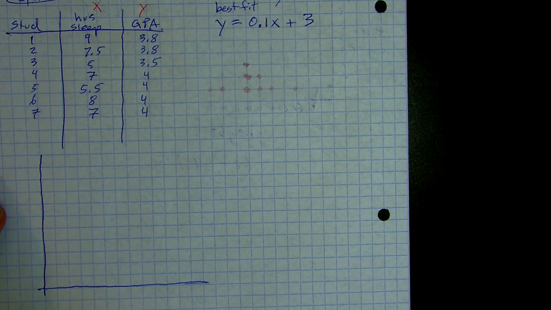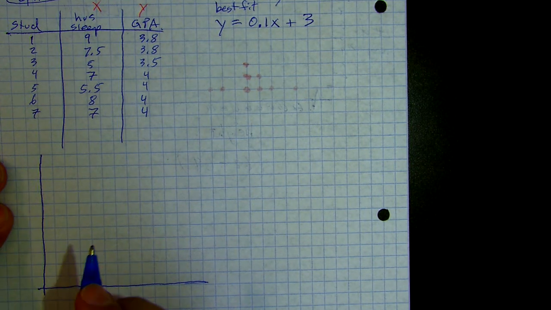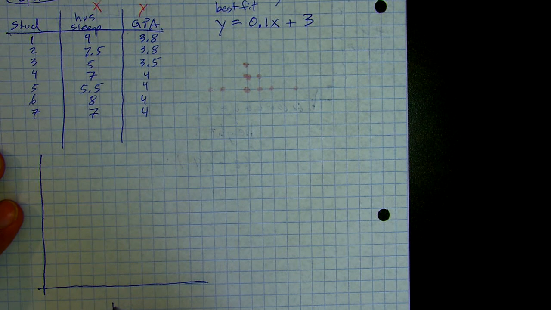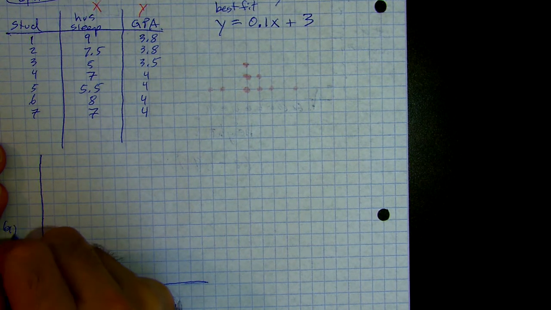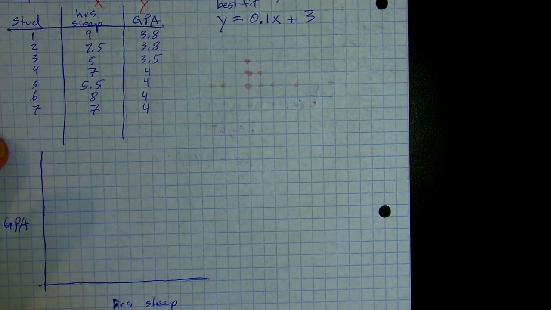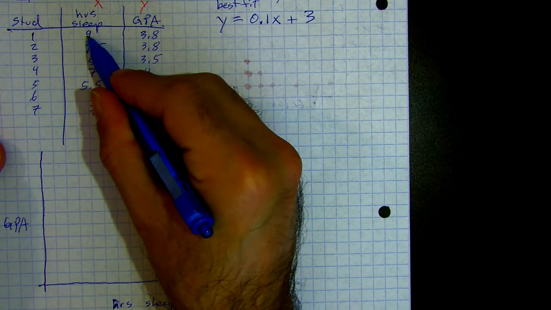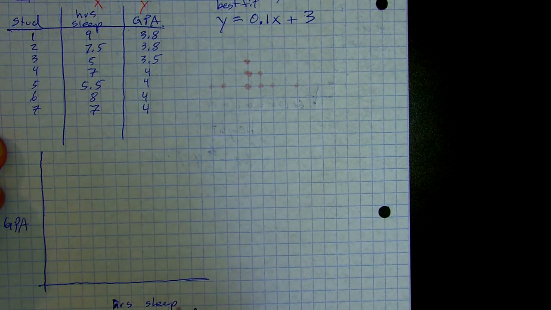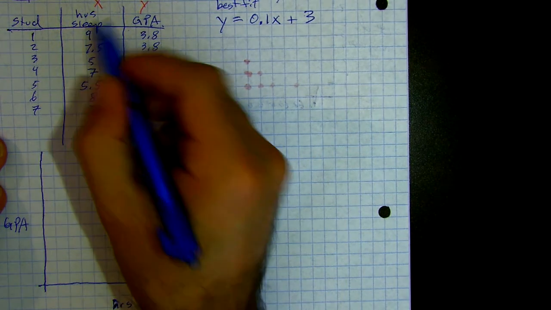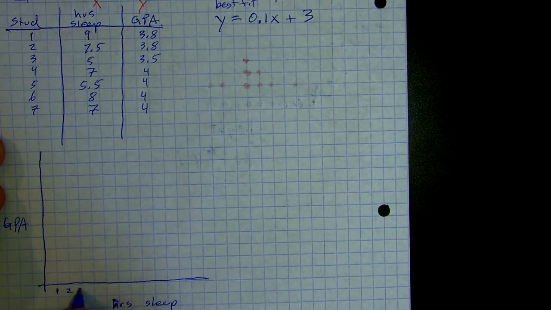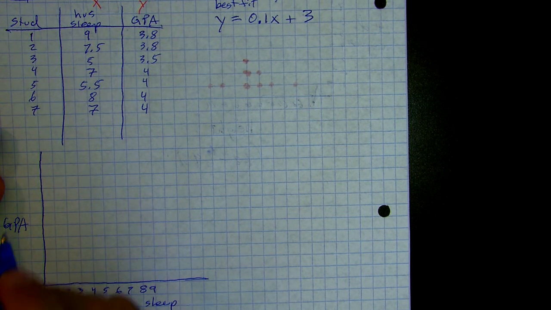So here we go. Let's plot some of these guys. We are doing this on hours of sleep, and we're doing this as GPA. Okay. So let's see. 9 hours of sleep. I better look and first make my range here. It's only up to 9 hours, so I'm just going to do 1, 2, 3, 4, 5, 6, 7, 8, 9, straight. And GPA, it's between 3.5 and 4.